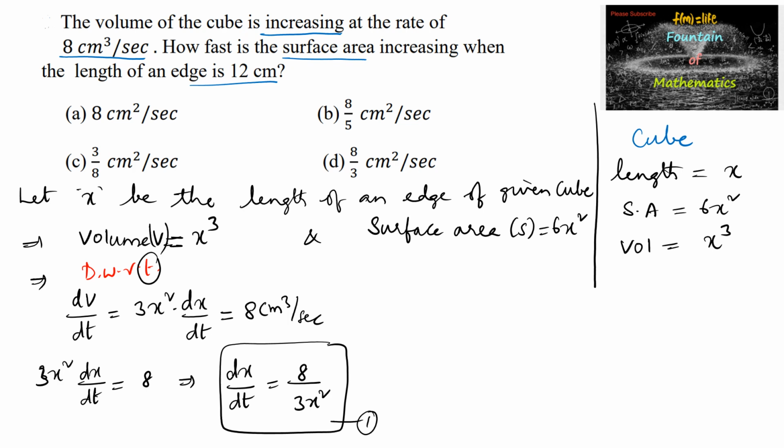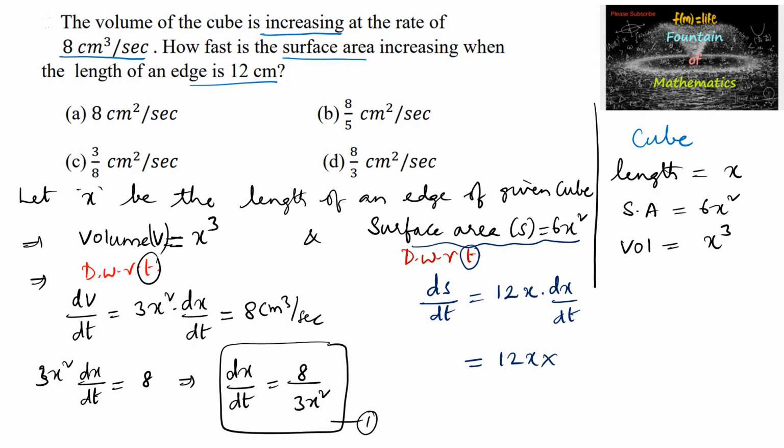And now here surface area is 6 times x square. Now again differentiating with respect to t. So we will be getting ds by dt is equal to 6x square differentiation is 6 2s are 12x into again dx by dt, since we are differentiating with respect to t, which is equal to 12x into, since from 1 we can write 8 upon 3x square.